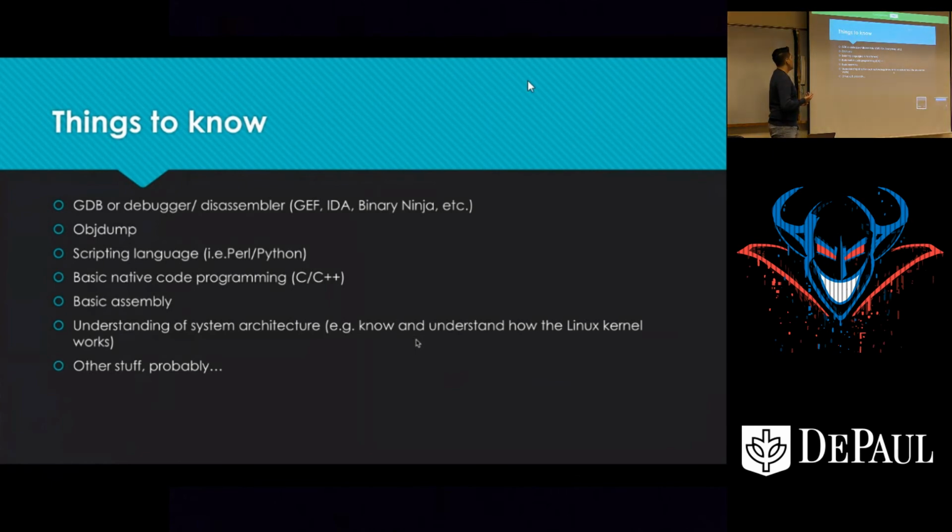Some sort of scripting language is probably going to be helpful, really just for automation. So Perl or Python. I personally like Python, although sometimes, depending on the environment, Perl comes in handy as well. When you get into exploit development and packaging something up so it's one-click and go, there is a Python library called pwntools, which I'm not going to cover here because we're not going to have time.